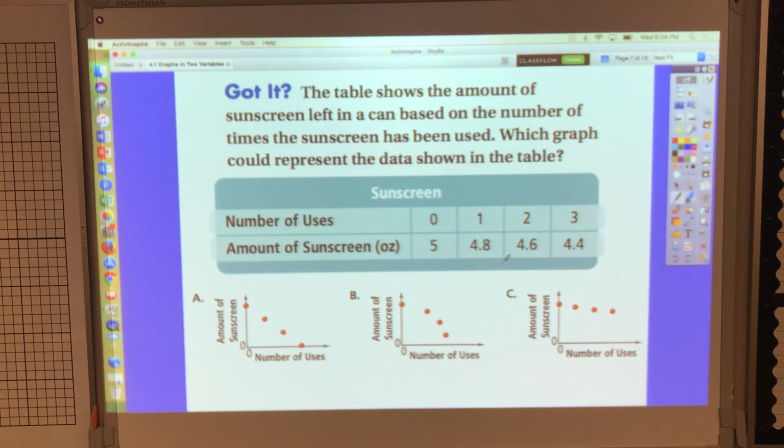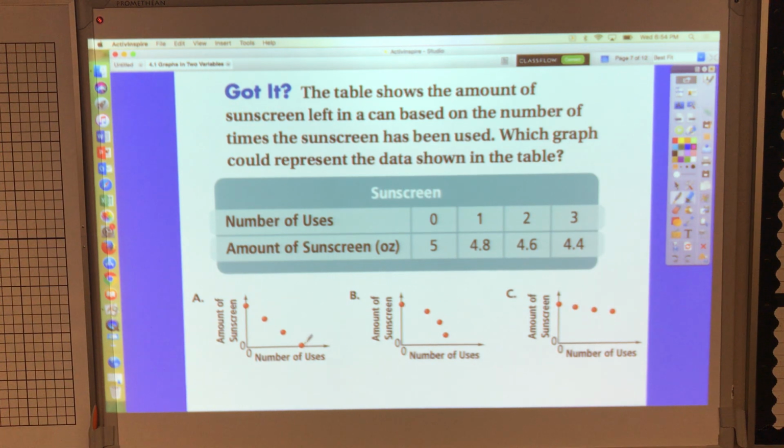After one use, they've used 0.2 ounces, so it's decreased a little bit. If I look, all of these are decreasing. After the second time, it's down to 4.6 ounces. So it's down some more. Still all going down, so that's not so helpful. Next one, there's still 4.4 ounces.